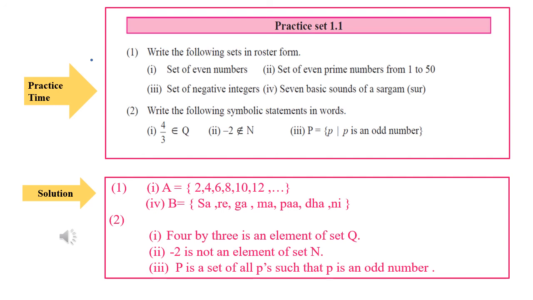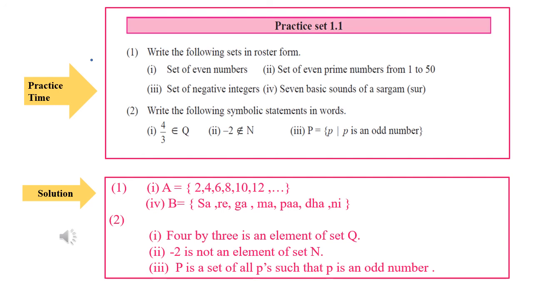Next, write the following symbolic statements in words. You have to just write them in words, nothing else. No writing sets or anything. So 4/3 belongs to Q, means it is an element of set Q. Now -2 does not belong to M, means -2 is not an element of set M. P is equal to P such that P is an odd number.